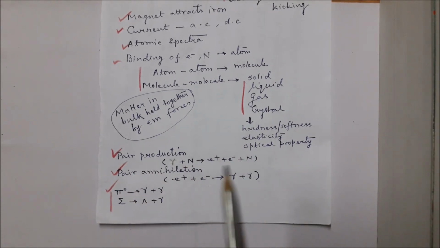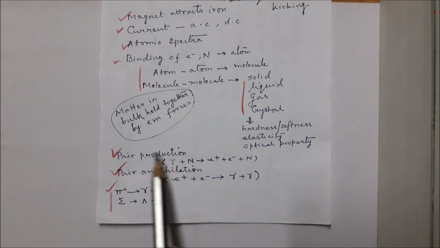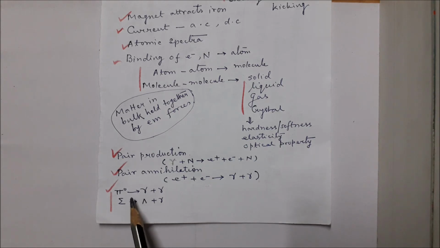Pair production, pair annihilation, these are interactions involving photon. The decay of neutral pion also involves a photon. So it's an electromagnetic decay.